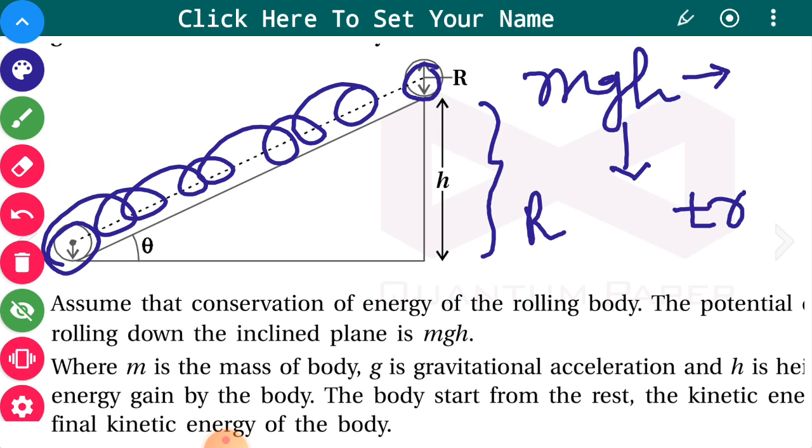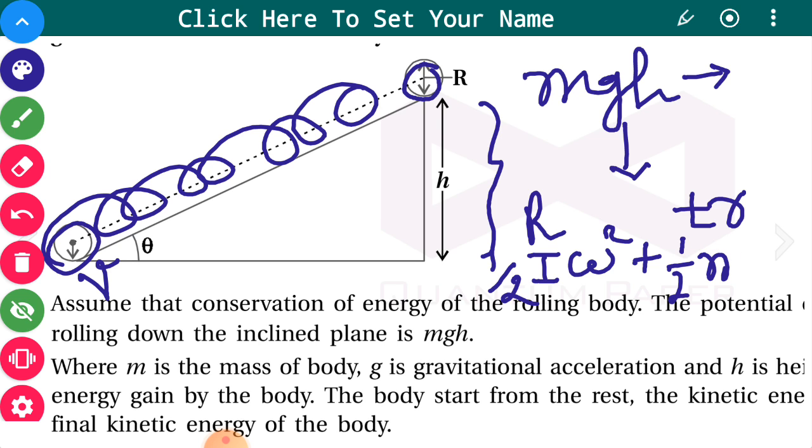And if in general let the moment of inertia of this object is I, then its rotational kinetic energy will be 1 half I omega square, and its final velocity when reaches here is v. Okay, then its kinetic energy at the bottom is 1 half mv square.